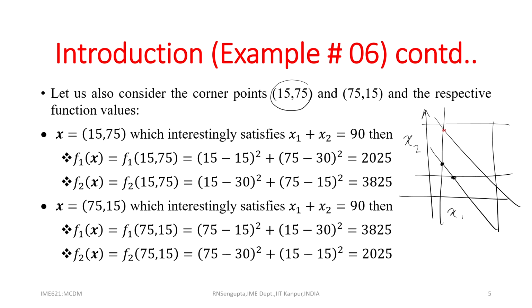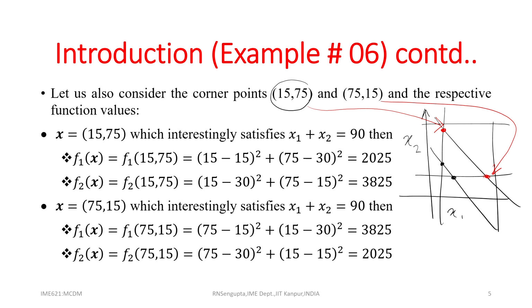The corner points we are going to consider now, marked in red, are these: 15, 75 would be this one, and 75, 15 would be this corner point. We will find the maximization at the corner points for f1 and f2 separately.